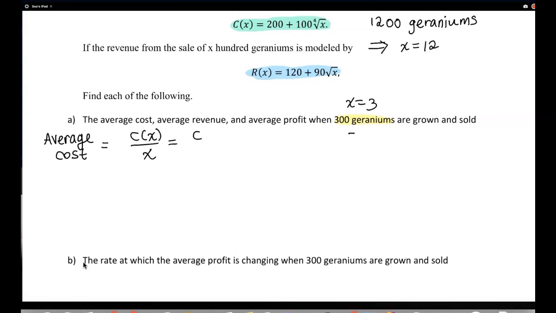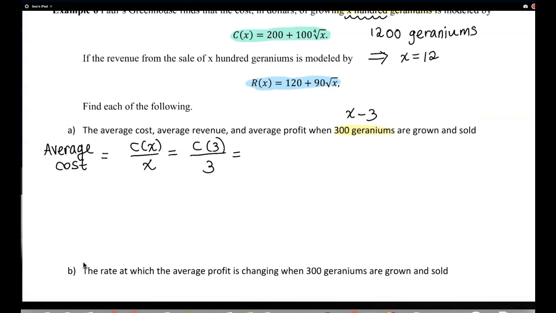So I will go ahead and find C of 3 first, and then I will divide it by 3. So that is going to be 200 plus 100 times fourth root of 3, and I will divide that by 3.